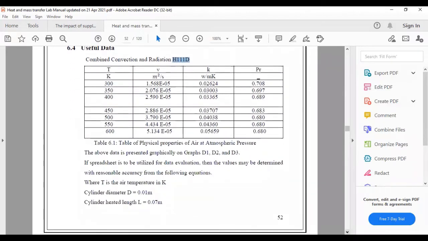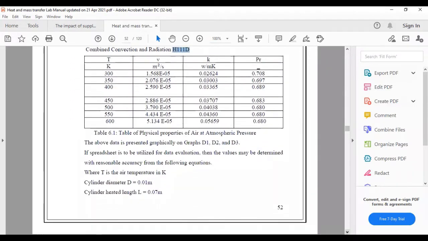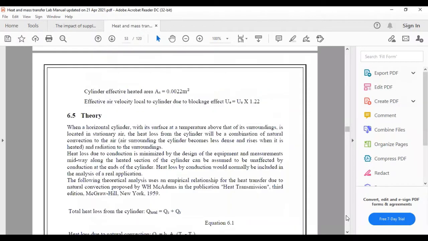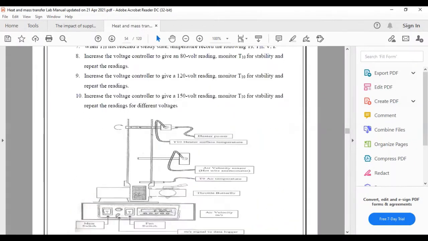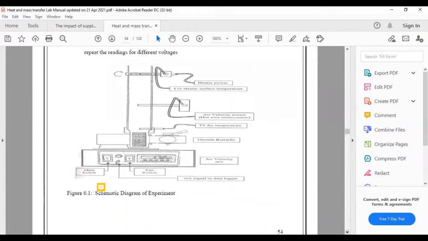Now there are some important dimensions we will use here. First of all, we will look at the schematic diagram of our experiment. You can say it is just a cylinder. On the top of the cylinder there is a heater, which will provide the heat, and we will measure its temperature through a thermocouple sensor, denoted by T10.